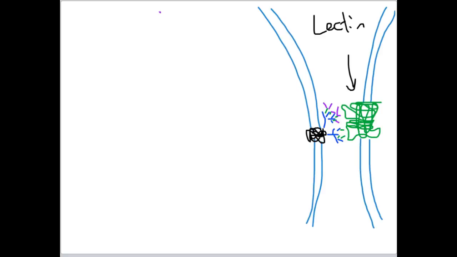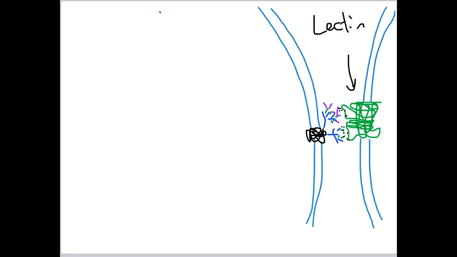Lectins are groups of proteins that specifically bind to and stick to glycoproteins. So this green lectin I've drawn here, I've tried to symbolize that it is specific to and binds to the glycoprotein that is in the white blood cell. This interaction now anchors and locks that white blood cell to the wound site.